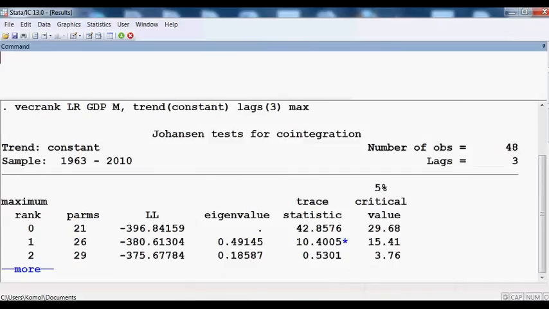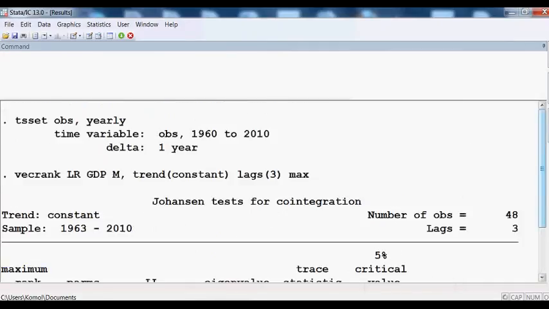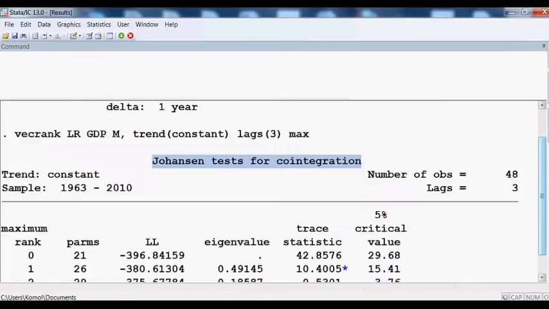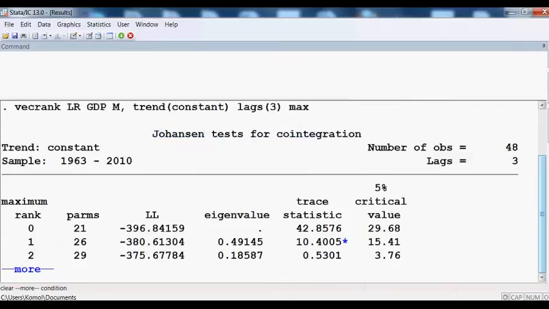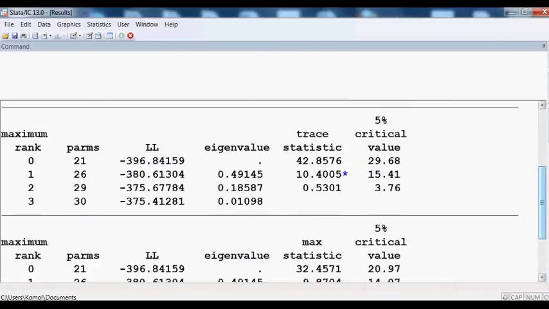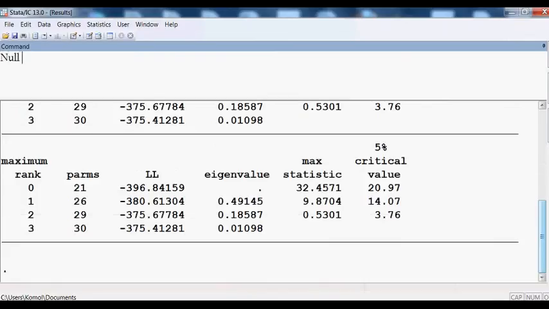So the result has come up. You can see the Johansen test of co-integration, and here is the outcome. And what is the null hypothesis? First I said, suppose the null hypothesis, there is no co-integration among the 3 variables that we have.